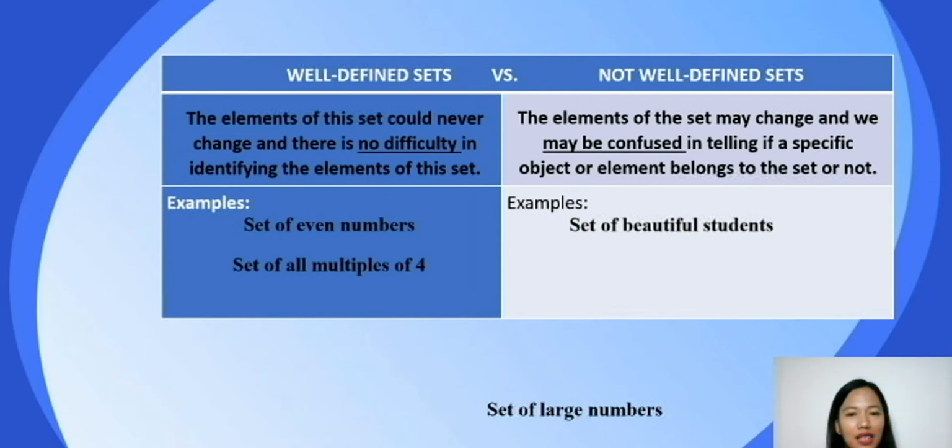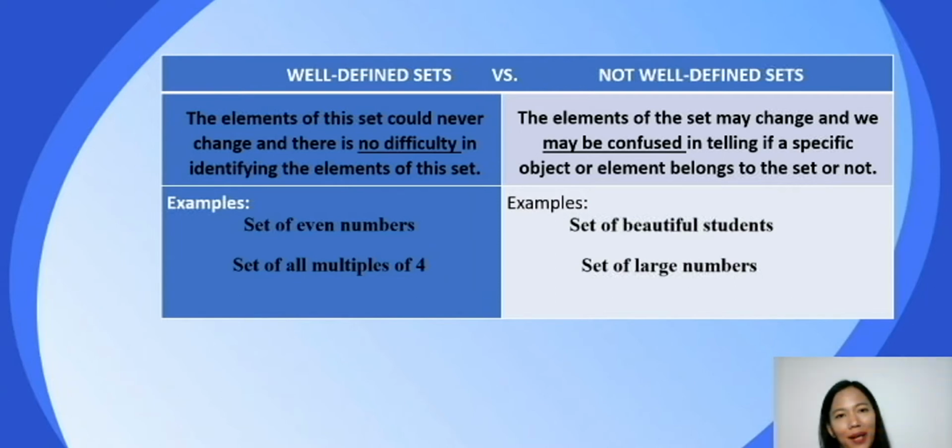The last one is set of large numbers, well-defined or not well-defined? Great! Set of large numbers is not a well-defined set because of the word large. We may be confused what that large means, so therefore it is not a well-defined set.